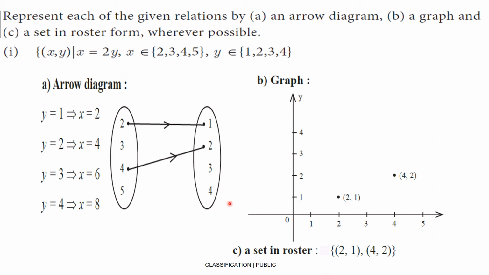First element is x, second element is y. That is 1, 2, 3, 4, 5 on the x axis and here the y axis. So 2, 1: x is 2 and y is 1. And x is 4 and y is 2. Okay. Understood, students?